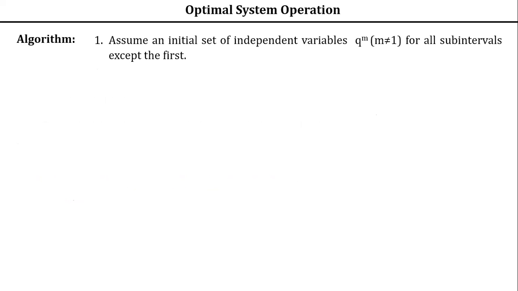We'll solve one numerical, and you will understand it in a better way. Assume an initial set of independent variables. Please remember, for the rate of water discharge Q, if you are representing it as Qm, one variable will be the dependent variable. Therefore m is not equal to 1 for all subintervals except the first.